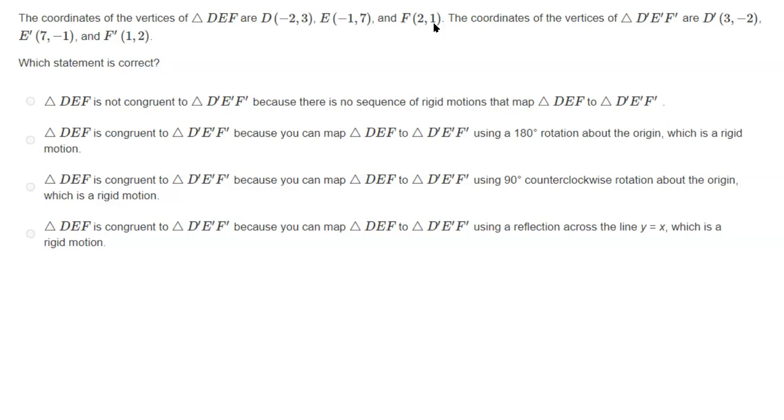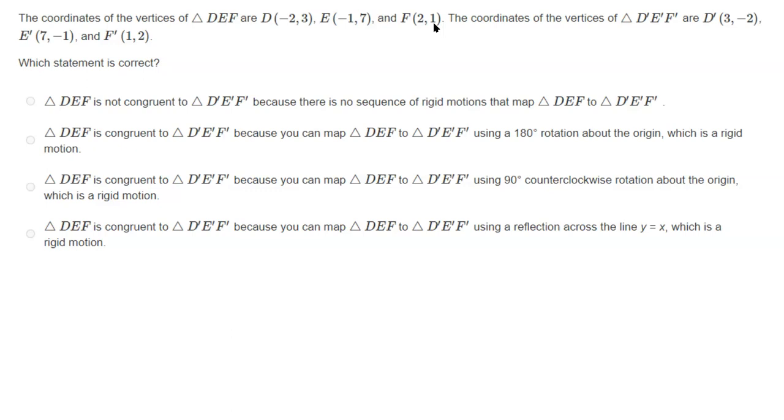Or is triangle DEF congruent to triangle D prime, E prime, F prime because you can map DEF to D prime, E prime, F prime using a 180-degree rotation about the origin, which is a rigid motion? So rotation is a rigid motion. The question is, is it a 180-degree rotation?